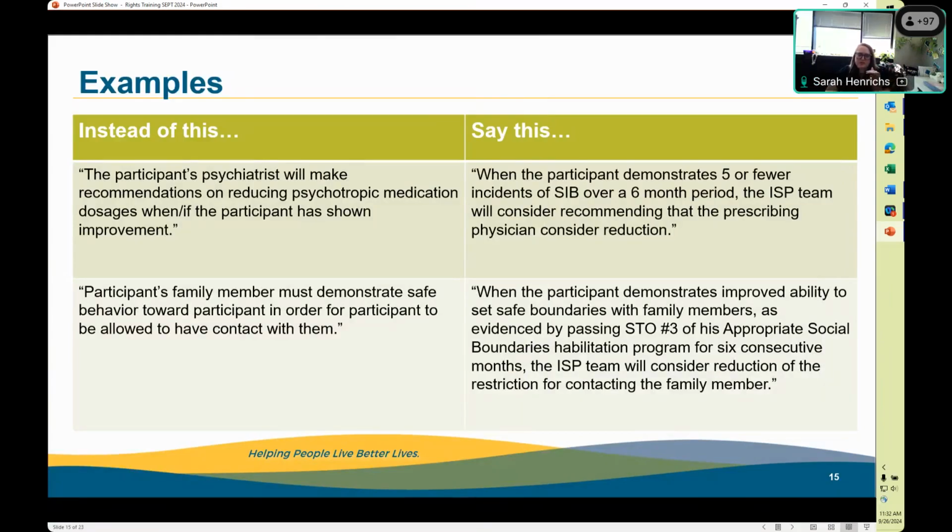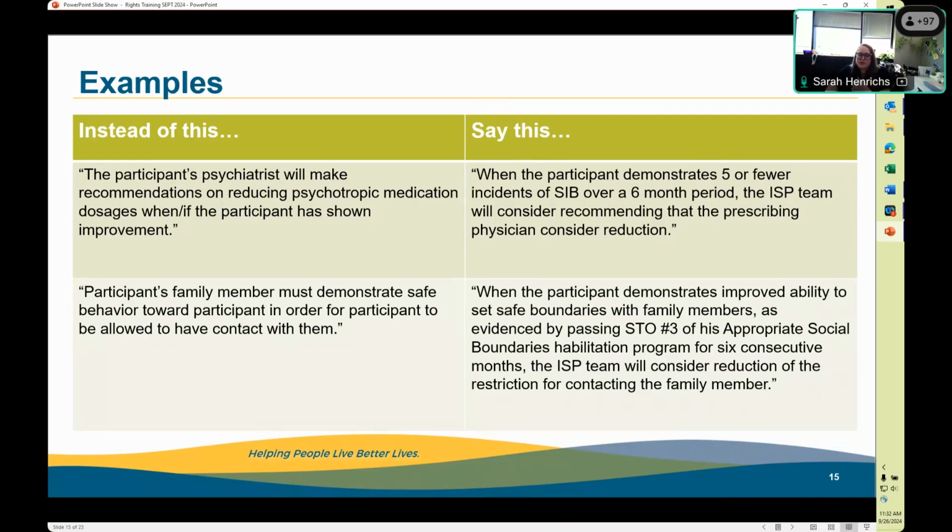But what we need to focus on for these reduction plans for psych meds is when will we make a recommendation to that prescriber that they might want to consider a reduction. So instead: when the participant demonstrates 5 or fewer incidents of self-injurious behavior over a 6-month period, the team will consider recommending that the prescribing physician consider reduction.